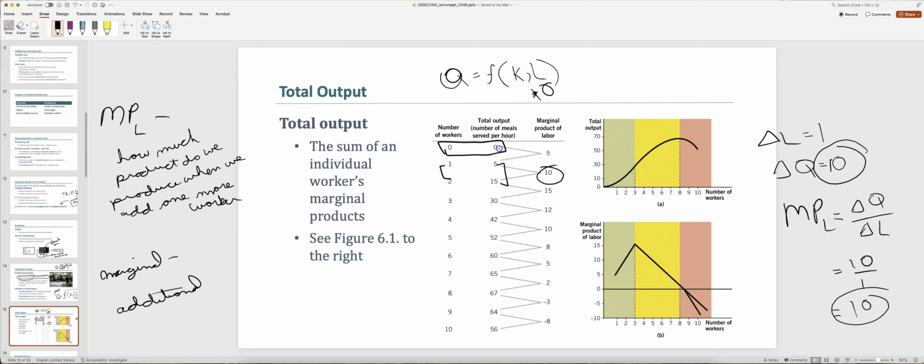Because I went from 0 to 5, so that was 5. 15 to 30, 15. And so what you'll notice here is that the marginal product of labor is initially increasing and then decreasing. Increasing and then decreasing.